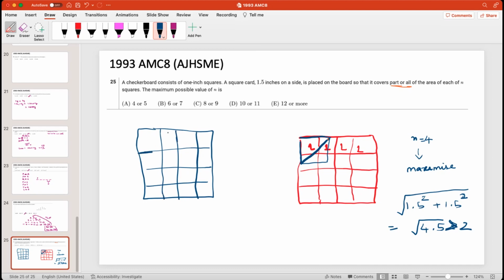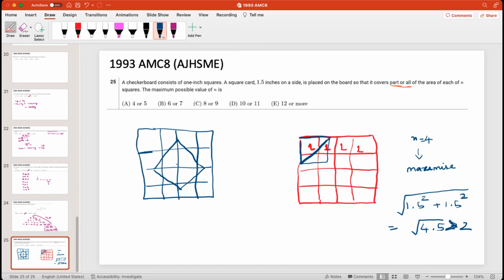But now we have the diagonal which is greater than 2. So I'm going to place the square like this. See this, like this. Why? Because it is greater than this, right? This diagonal is greater than this, so I can place it like this.